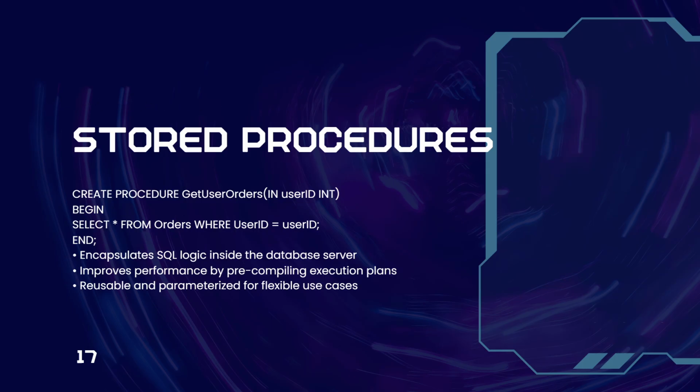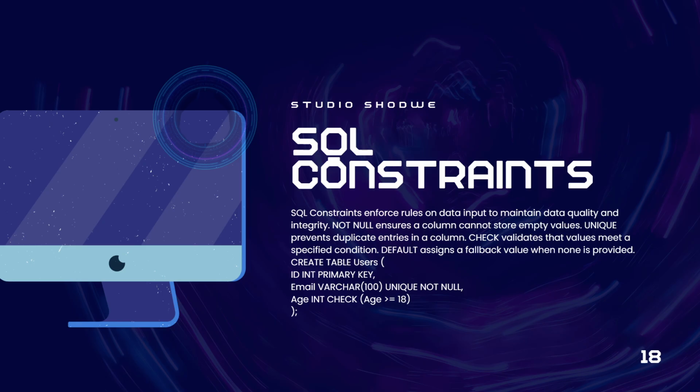Now move on to the next SQL question. What exactly is an SQL constraint? Constraints are nothing but rules that ensure valid data is stored in a database. Some of the common constraints are NOT NULL, which won't allow null values. UNIQUE, the value has to be unique. Primarily, we can use it for user data like email and phone number.